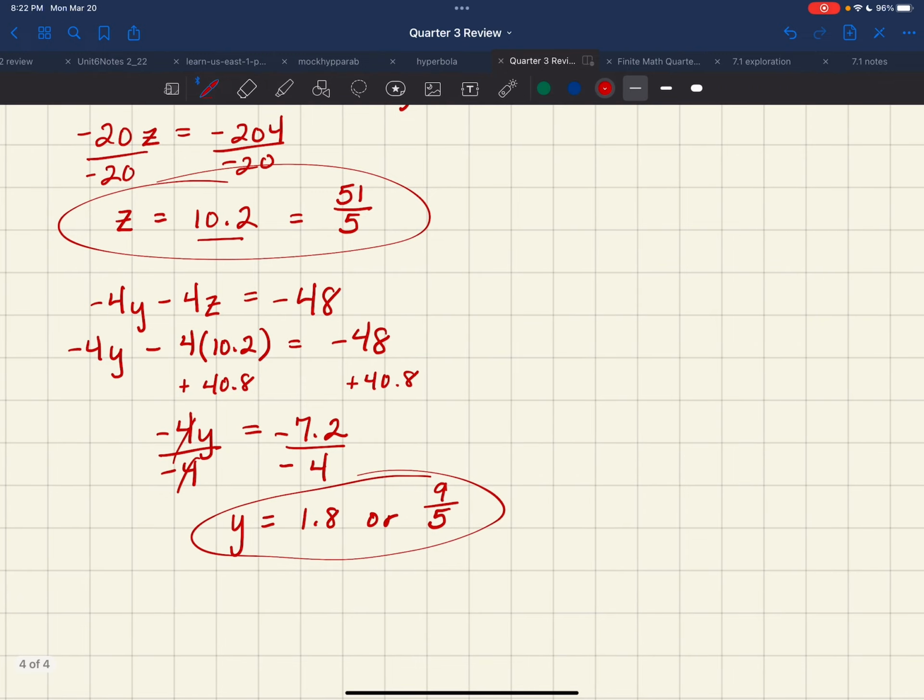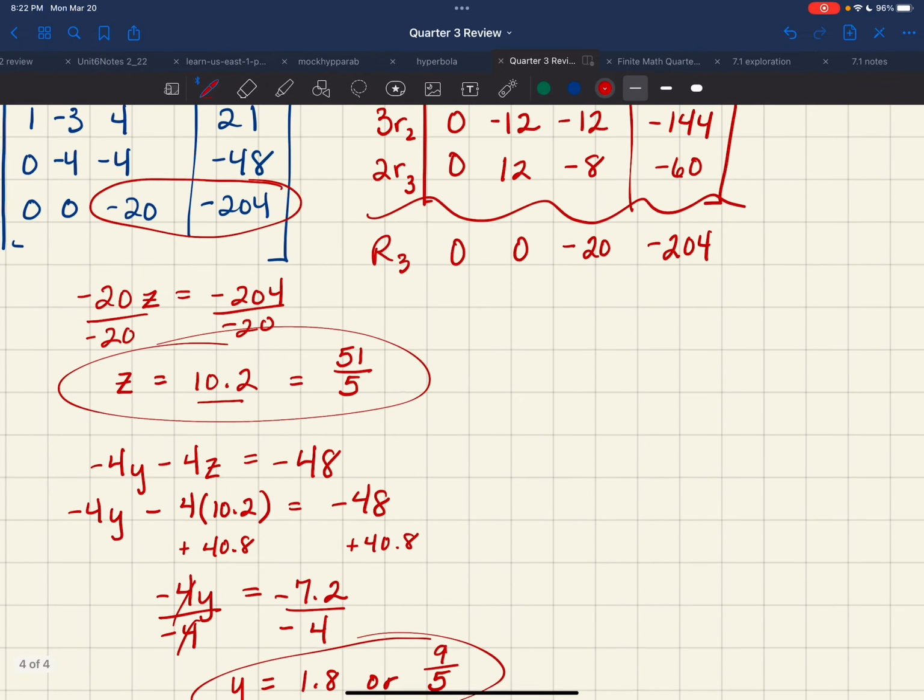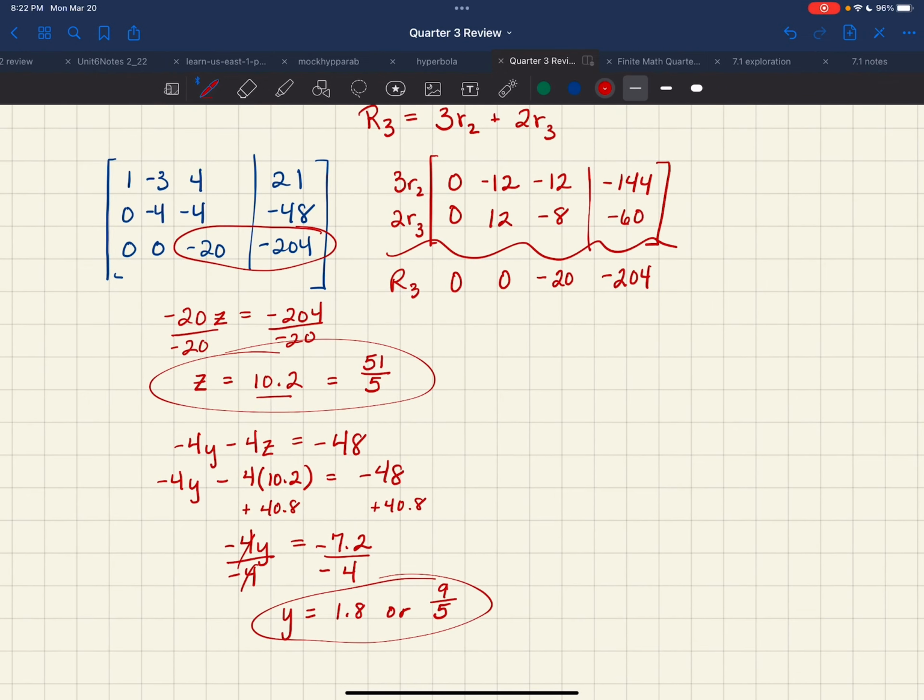And then my x value would come from the matrix with that first one. So x minus 3y plus 4z equals 21. So x minus, so 1.8 times 3 is going to be 5.4.